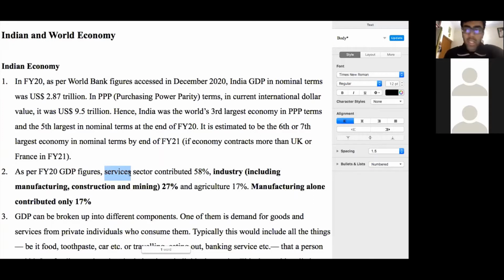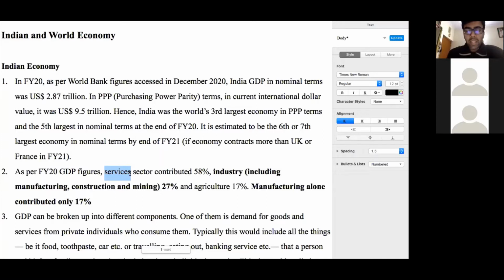Now, services nowadays in almost all developed countries, in fact, in all the developed countries and in almost all the developing countries as well, the services sector contributes the highest to the GDP. Now, what do we mean by services sector?